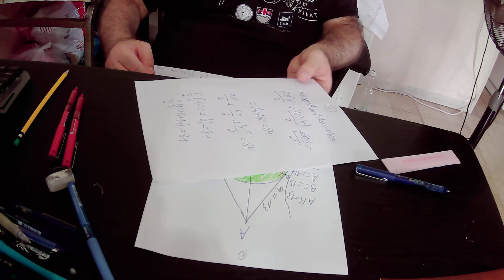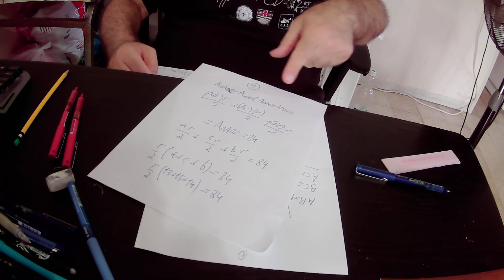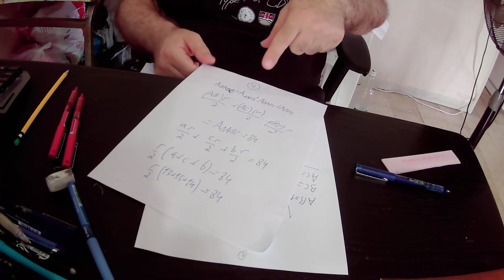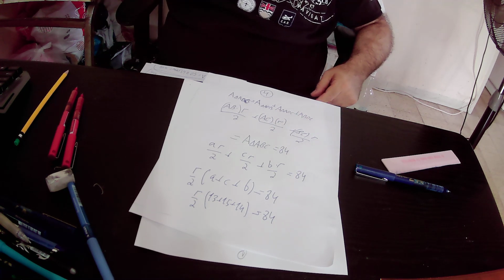Okay, and we know that the sum of the areas of the three small triangles equals the area of triangle ABC, that is 84 square units.